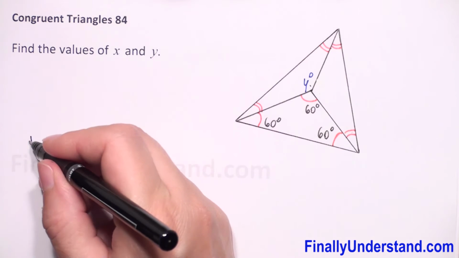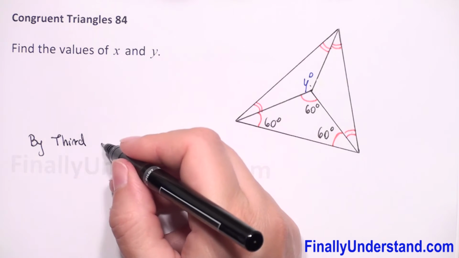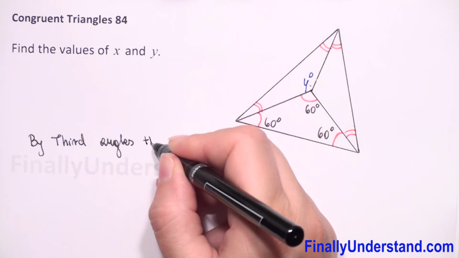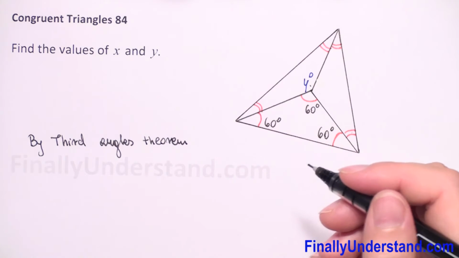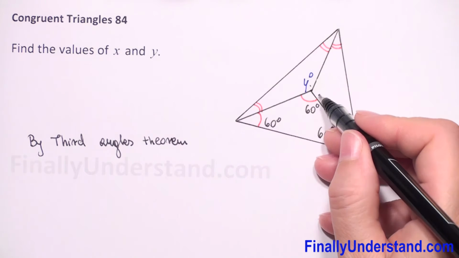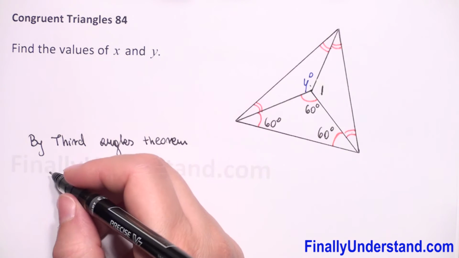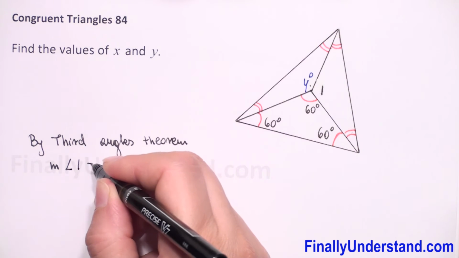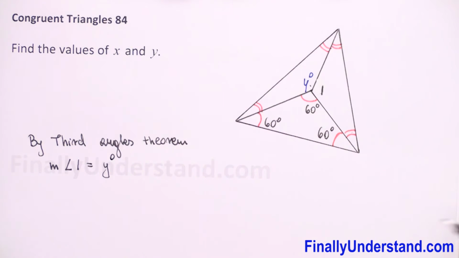So by third angles theorem, we have that, let's put that this is angle 1. We have that measure of angle 1 is equal to y degrees. What else we have here?